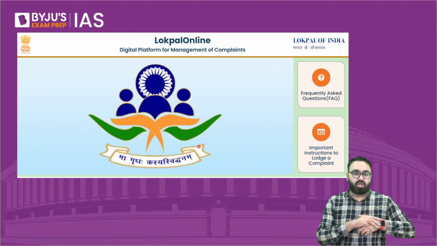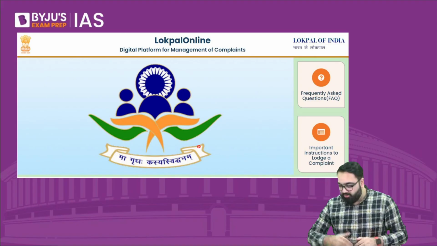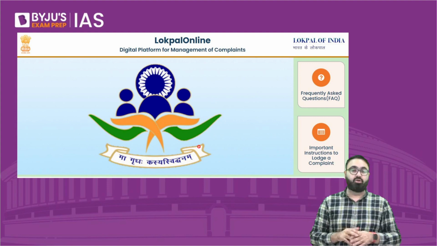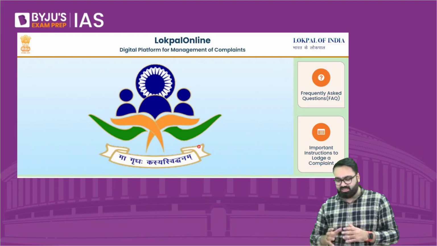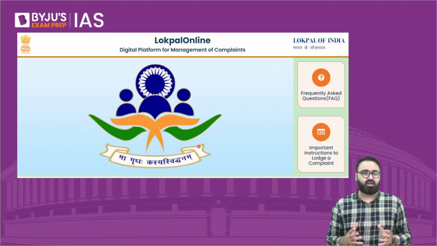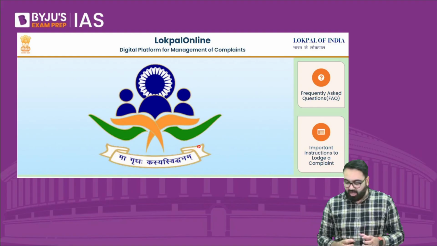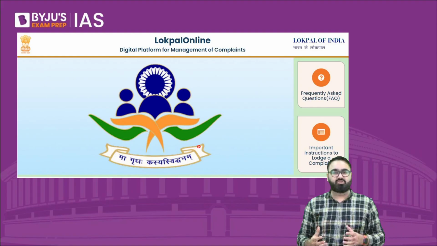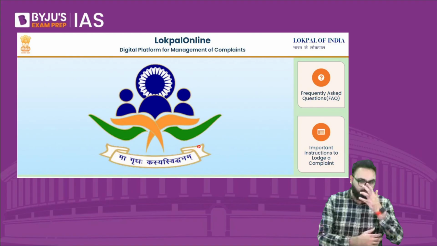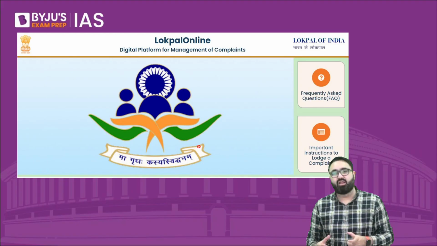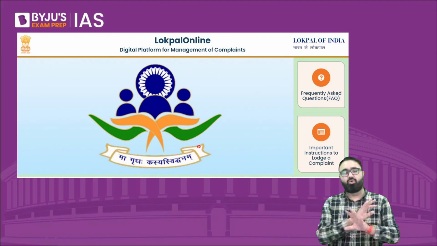Now, the question here is, how do you file a complaint to the Lokpal? The good part is, and we will discuss this later when we discuss e-governance and government initiatives, that most of the portals of the government are operational right now. So for a lot of government initiatives and complaints, you can do it all online.